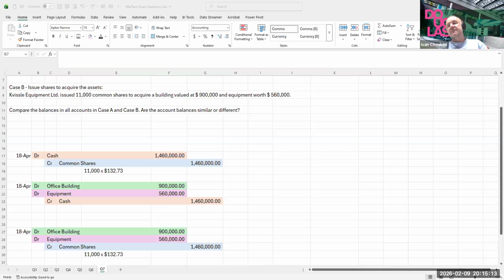Statement of retained earnings. I want you to show me the statement of retained earnings. On retained earnings, you're going to have the beginning balance plus net income minus the dividend, and you're going to tell me how much is the ending balance.